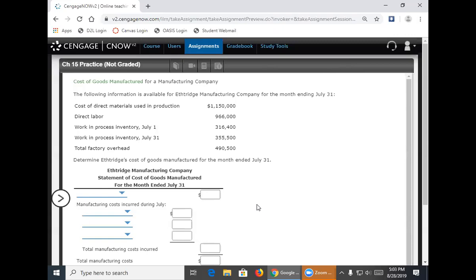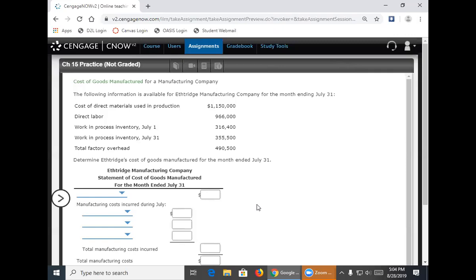As you can see, what we do is what we did over here in this work in process. Okay? What we're trying to calculate on that statement of cost of goods manufactured is find this right here. So if you look at your statement, if we had a beginning, we'd have a beginning balance, and then we would add in materials, labor, and overhead. So we would get the total manufacturing cost.